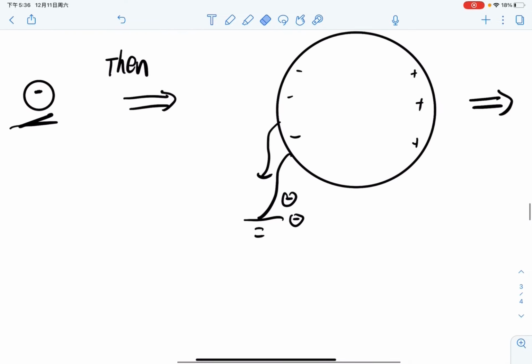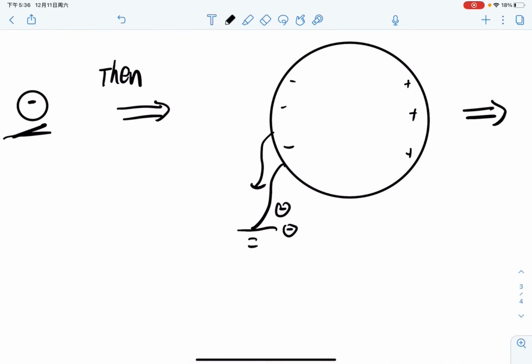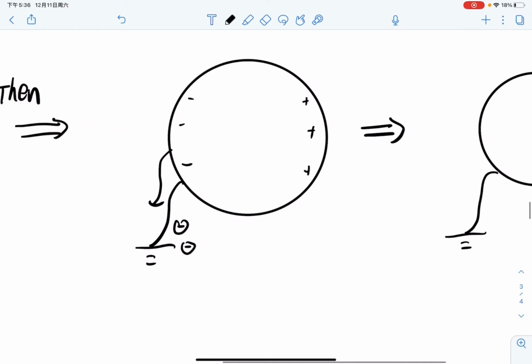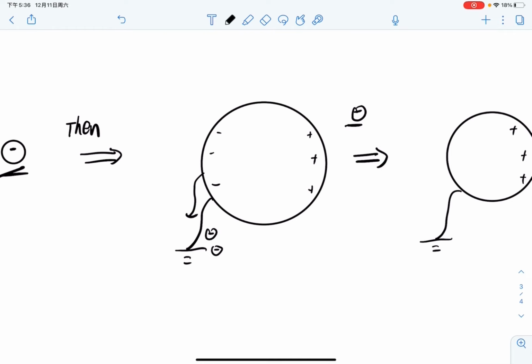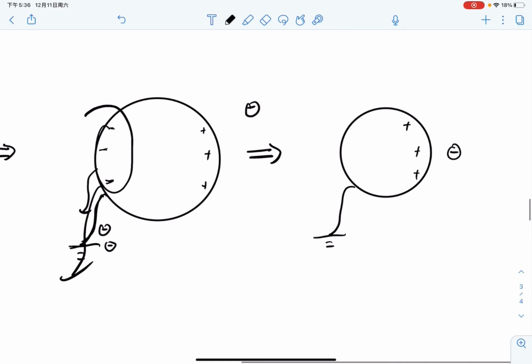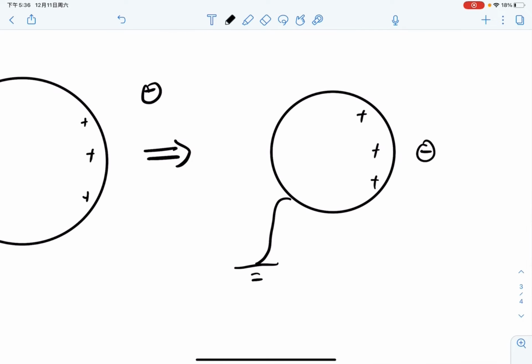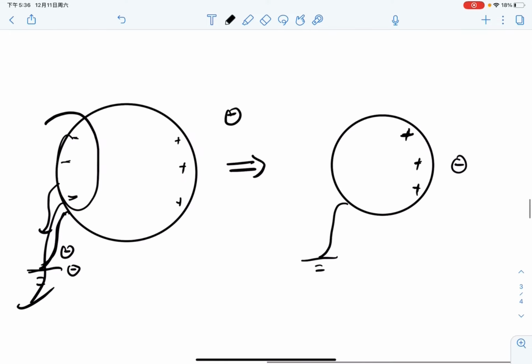When the negative side is connected to the ground, the negative charges are repelling each other, so the electrons are free to move away from this negatively charged particle. Eventually, they will all go to the ground, and only positive charges are left in the metal, so the overall charge of the metal is positive.